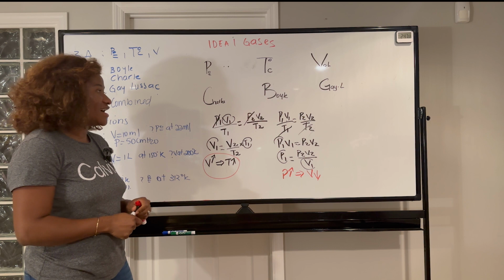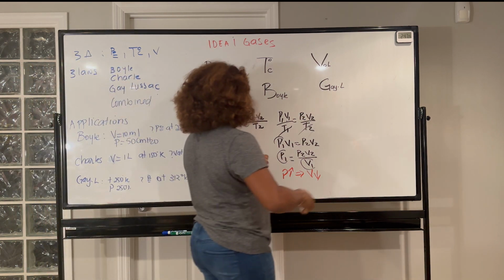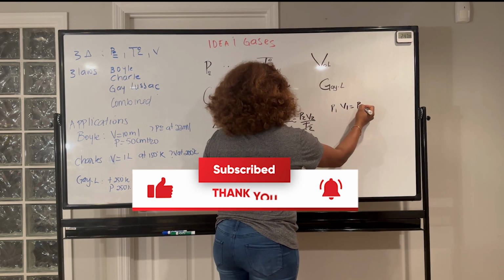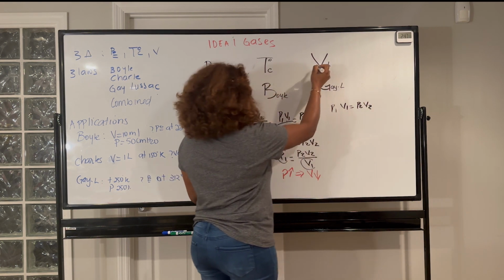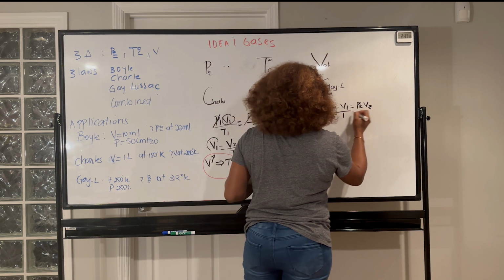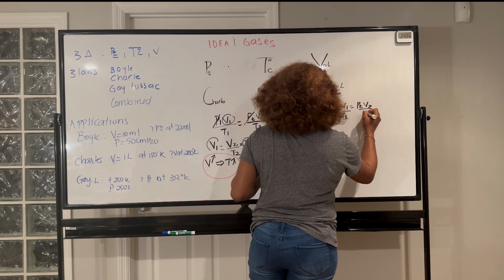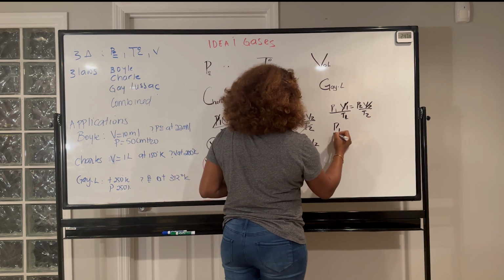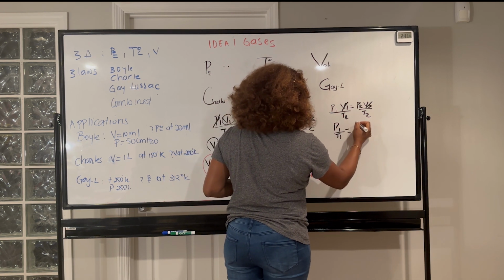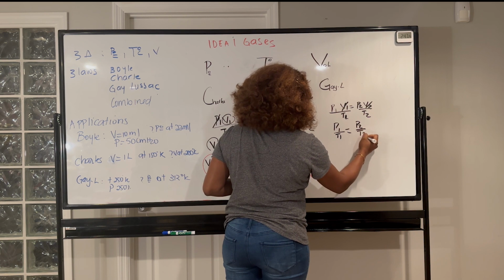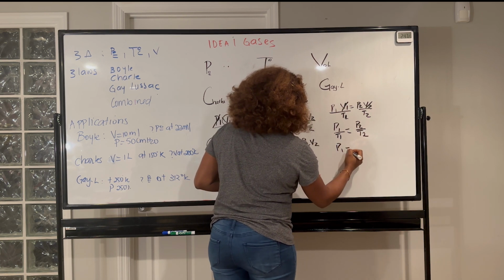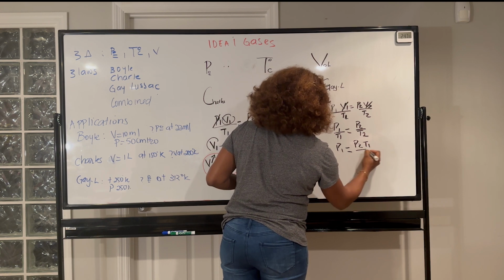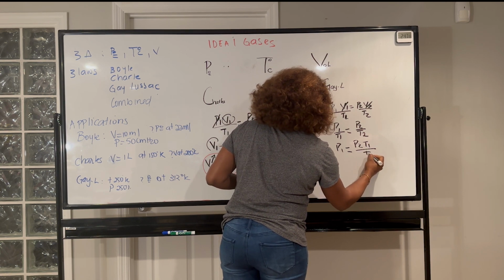Now let's move to the last, the Gay-Lussac law, same equation, P1 V1 over T1 equals P2 V2 over T2. Volume is our constant, so I'm crossing out my volume. So P1 over T1 equals P2 over T2. So P1 equals P2 T1 over T2.